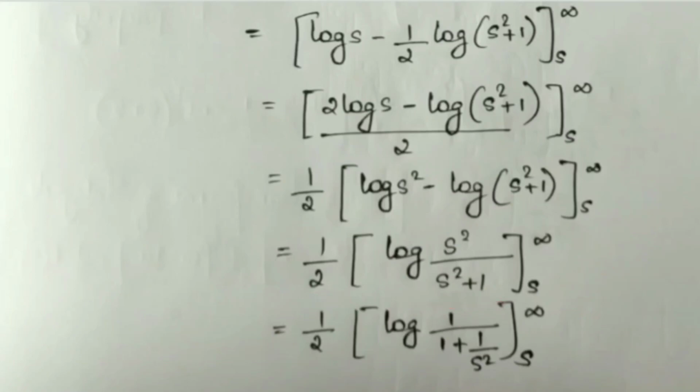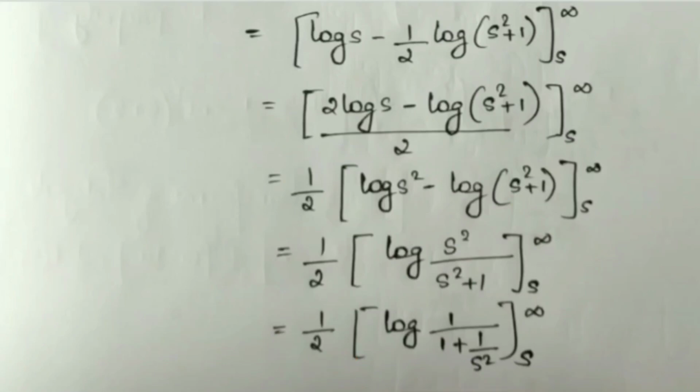Now, we can rewrite this term as 1 by 1 plus 1 by s square. That is, we will just divide it by s square. So, 1 by 2 log 1 by 1 plus 1 by s square within the limits s to infinity.